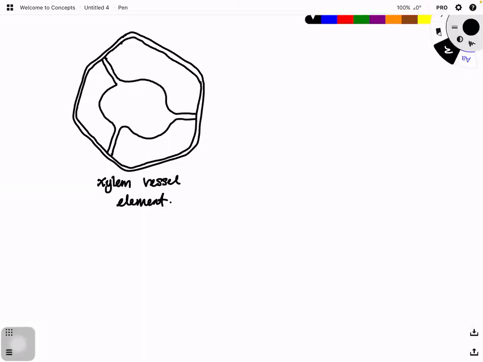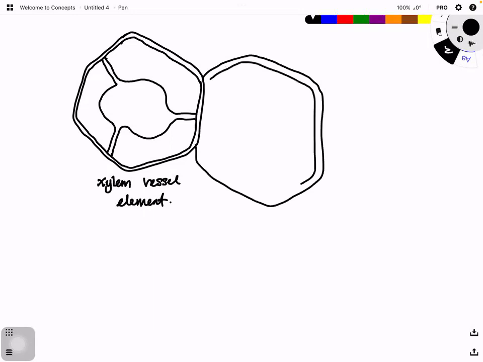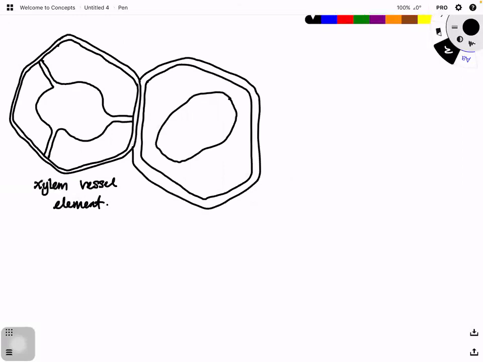So beside the cells, you can see the mesophyll cell. Irregular shape mesophyll cell with the cell wall. So just now I didn't draw the vacuole. They have a very large vacuole. Mesophyll cell has the large vacuole. And we have another mesophyll cell, irregular shape.